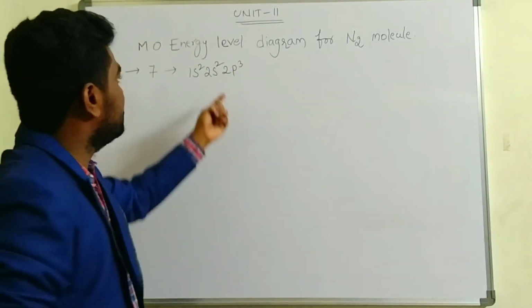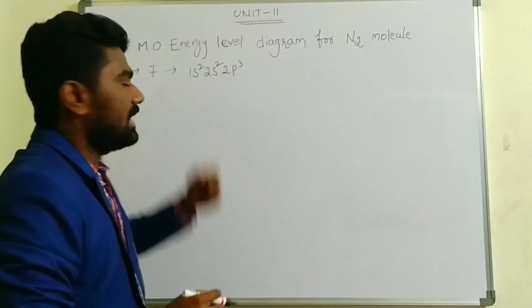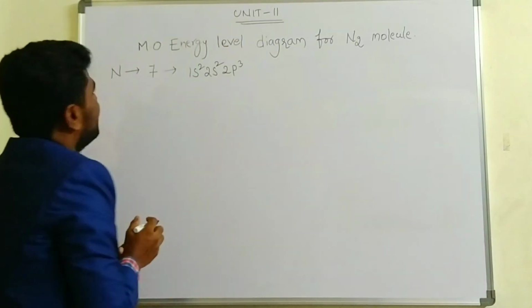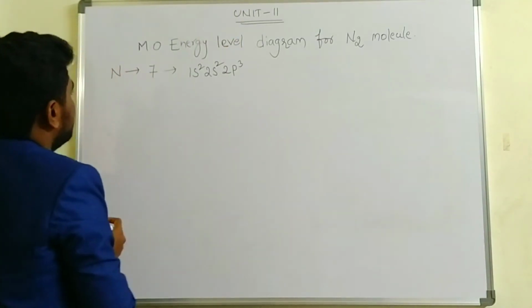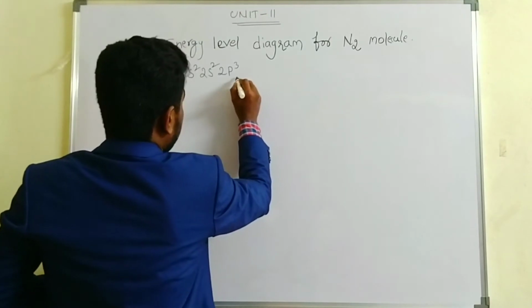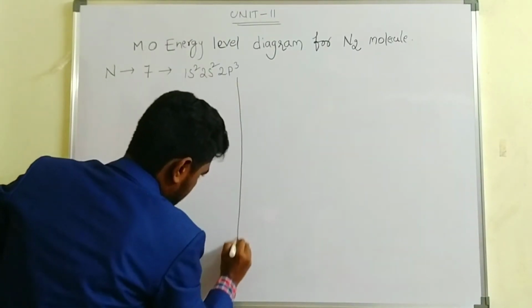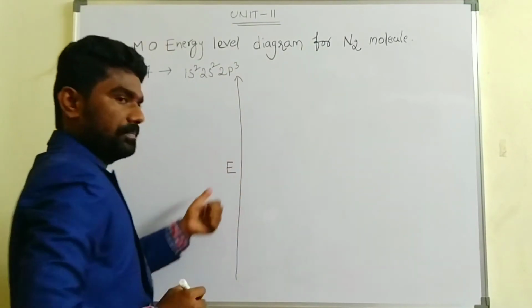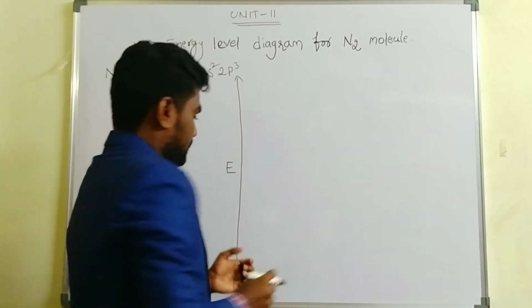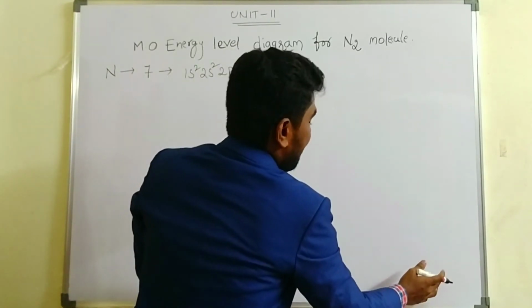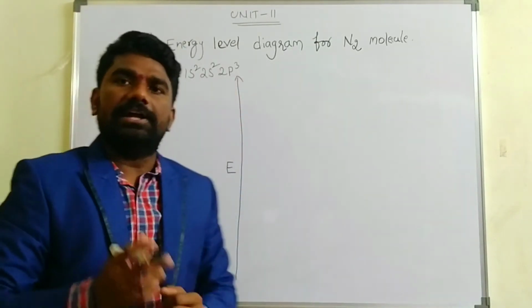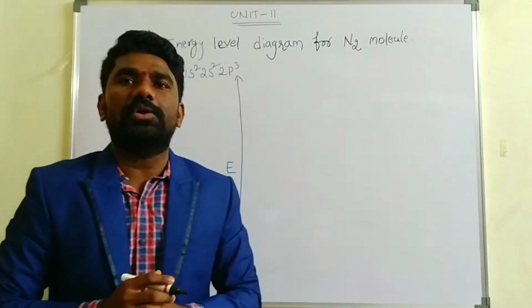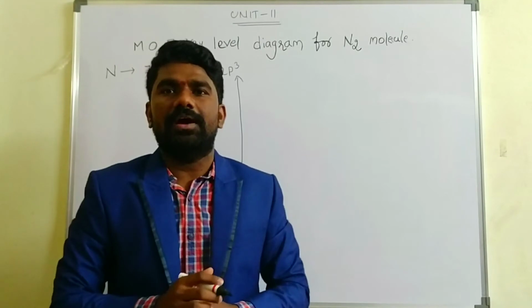Three types of orbitals are there in the nitrogen atom, isn't it? So to construct the molecular orbital energy level diagram for the nitrogen molecule, first we need to take the left side as an energy bar. Okay, after that, in the left and right sides we are going to take atomic orbitals of the nitrogen atom. In the middle we are going to take molecular orbitals of the nitrogen molecule.